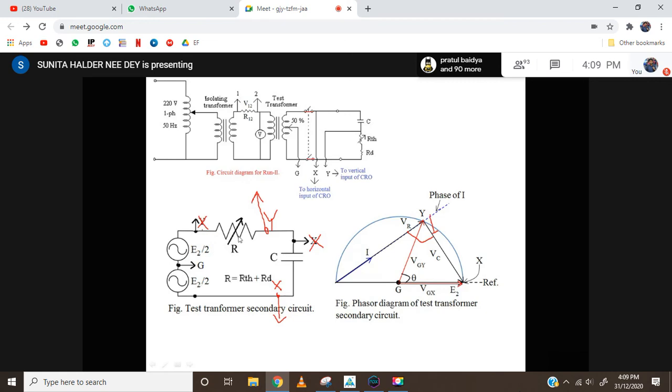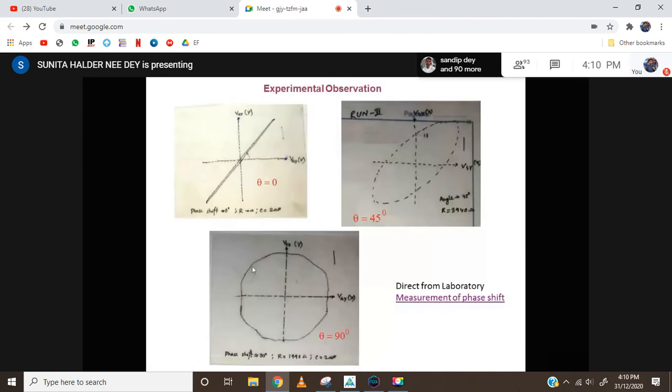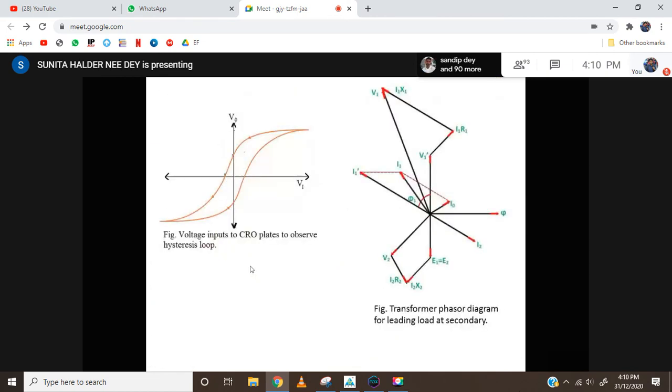So any component VR, VC or some part of that is proportional to E2, or proportional to phi. But they are not in the same phase with phi. We need a voltage exactly in the same phase with phi as well as proportional to phi. If you see the phasor diagram, this is the phi, and all the induced EMFs are 90 degrees lagging from phi.